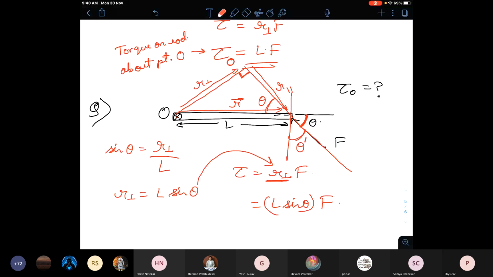What would have happened if the value of theta dash had been given? Then it would have been RF cos theta, and if you are going with the basic formula, it will become wrong. The basic formula, not the definition. The definition is still true, but the basic formula becomes wrong. So R perpendicular into F is a much, much more widely used and better formula.